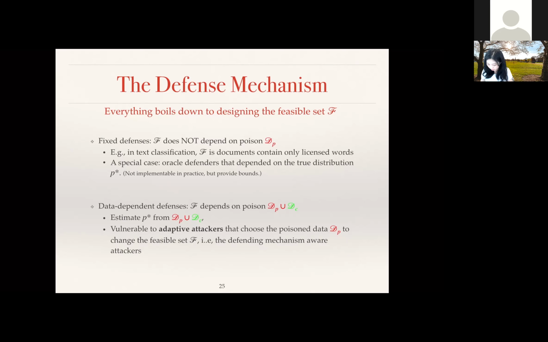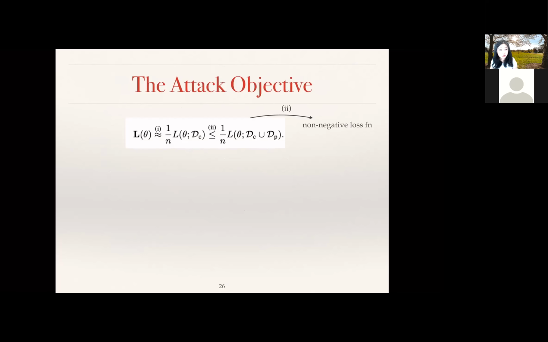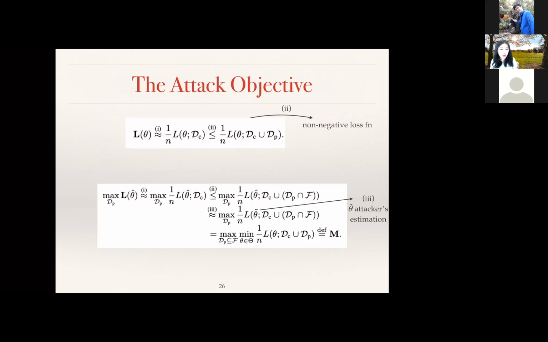So let's see. We already talked about this last time, that you are trying to maximize this loss function of theta hat, which is estimated using the data that you observe. So you finally get an M that you want to upper bound so that you get a so-called certified defense.